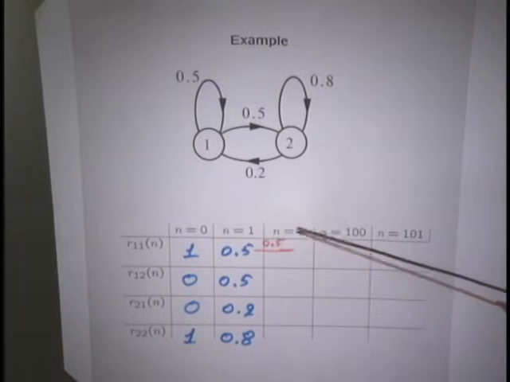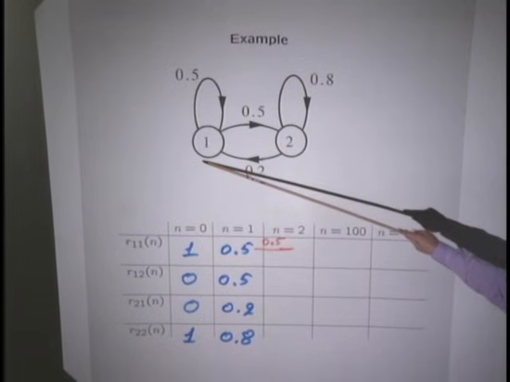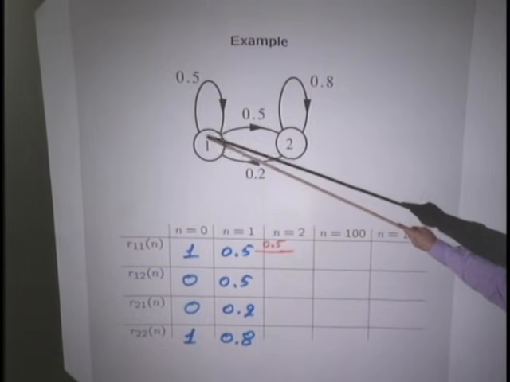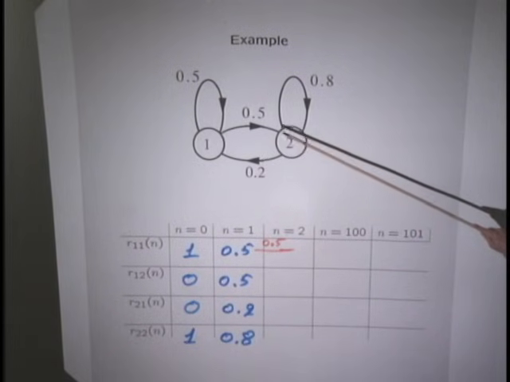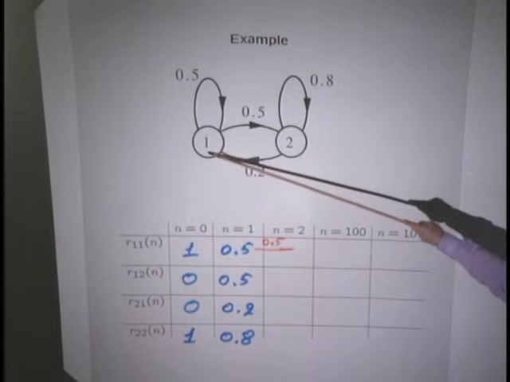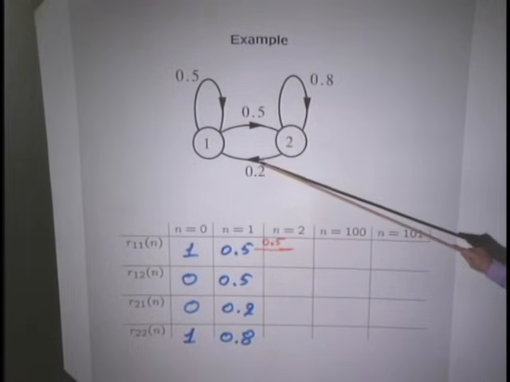In order to be at state 1 at time 2, this can also happen this way. That's the event that after one transition I got to state 2, and the next transition happened to be this one. So this corresponds to 0.5 times 0.2.